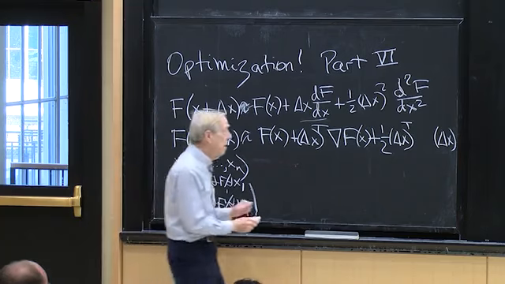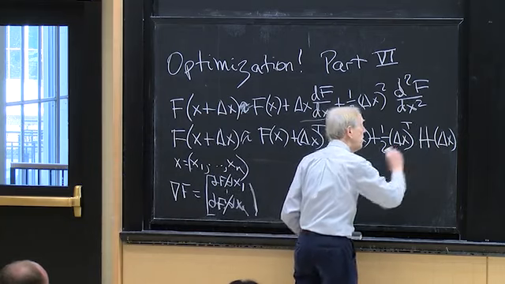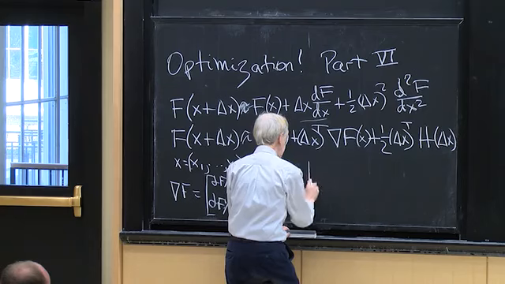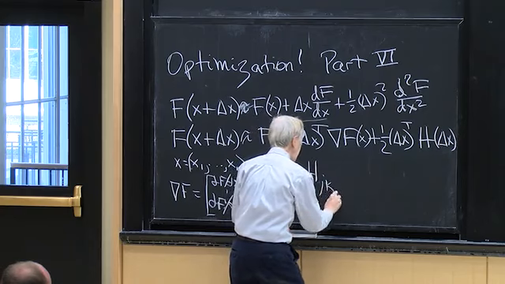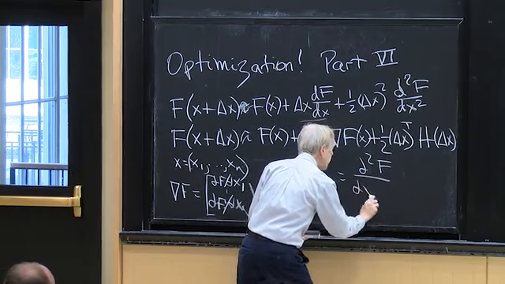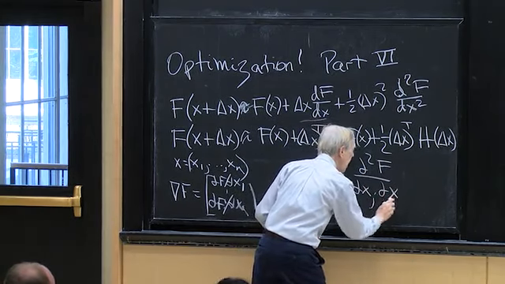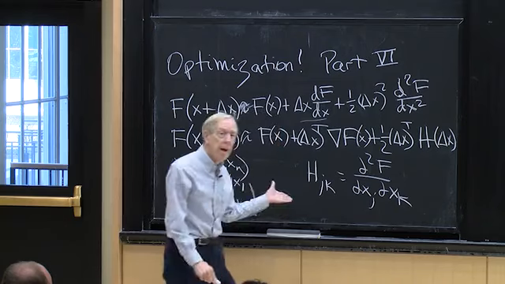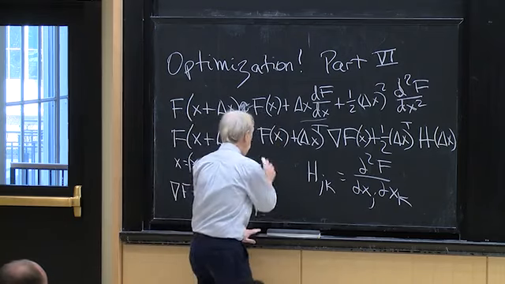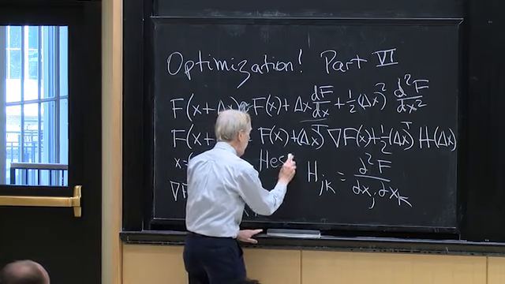I'll call it H. This is the matrix of second derivatives. H_jk is the second derivative of f with respect to xj and xk. And what's the name for this? The Hessian matrix.